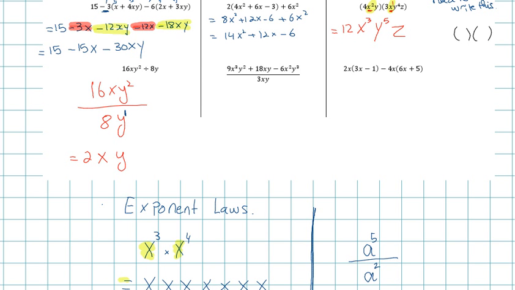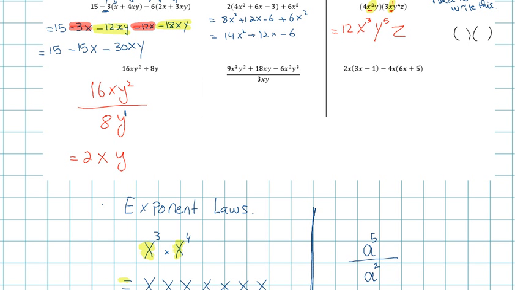Now, when you have a polynomial, so this is a polynomial, a trinomial: 9x cubed y squared plus 18xy minus 6x squared y cubed, divided by 3xy. That means every term here is divided by 3xy.